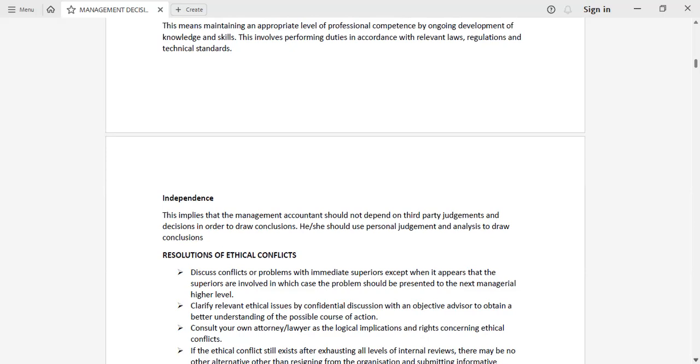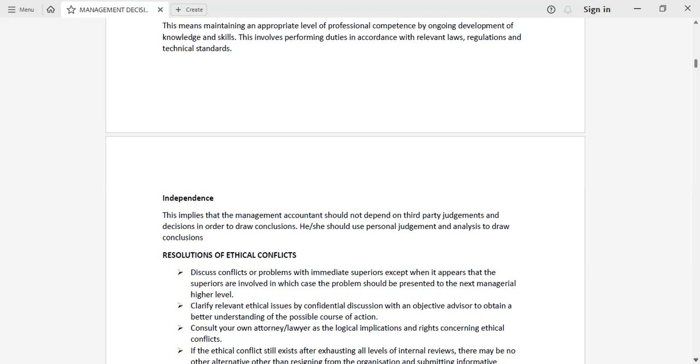So we look at the last bit, and the last bit is all about independence. Independence, as the word says, implies that the management accountant should not depend on third party judgments and decisions in order to draw conclusions.